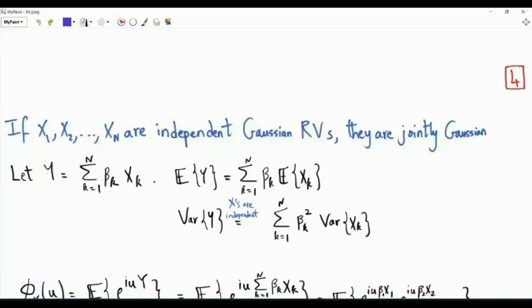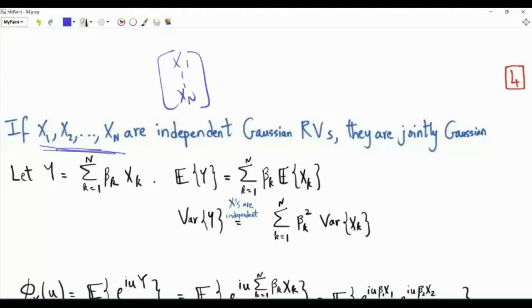However, if we have random variables, each one of them is Gaussian, and they are independent, then in this case we are sure that this collection, or basically if we gather these guys as components of vector x, then vector x will be a Gaussian vector.